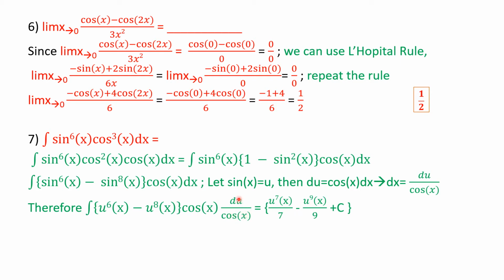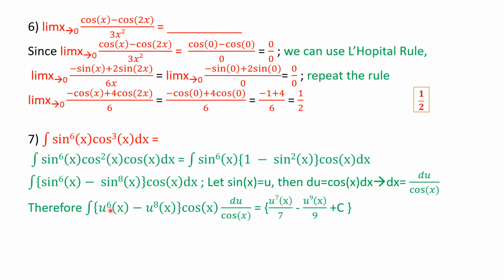This is the replacement for dx, which we talked about. So we can cancel cosine x with cosine x, and we will be left with just the integral of everything inside the brackets.